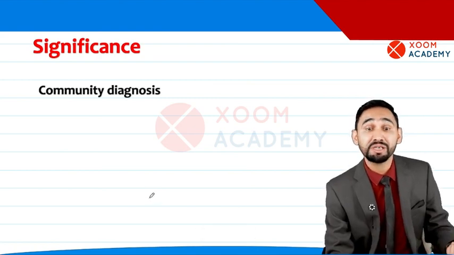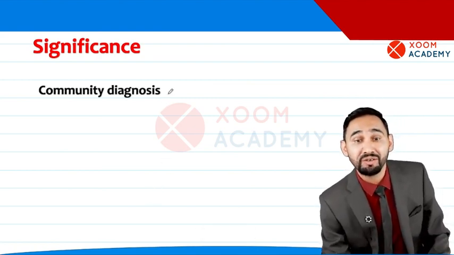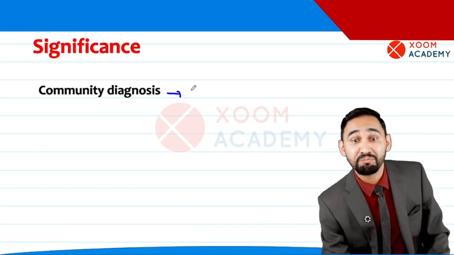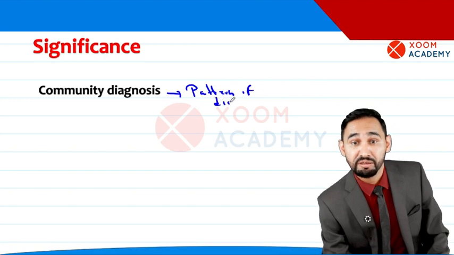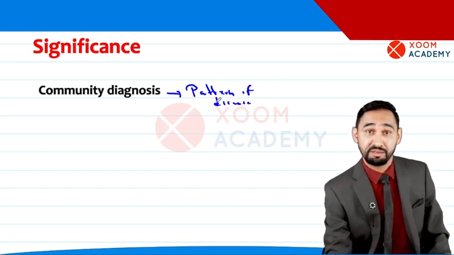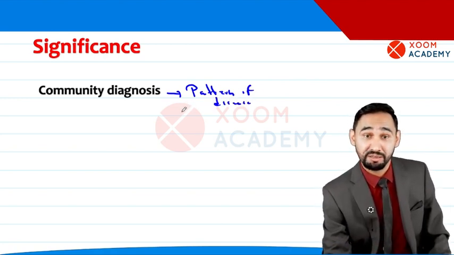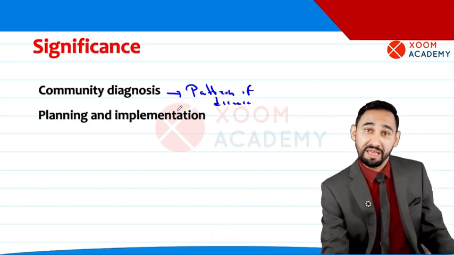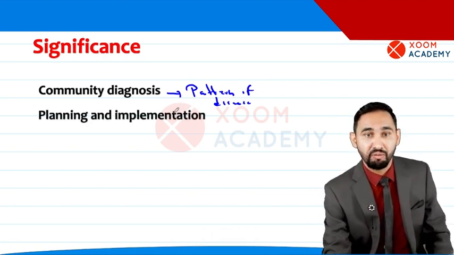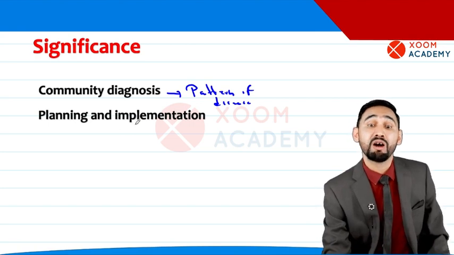We'll do community diagnosis. What community diagnosis is? We will see the pattern of disease in community. What is the pattern of disease? We will see who is at risk, which people are vulnerable. Then we'll plan and implement. We'll plan to control the problem.